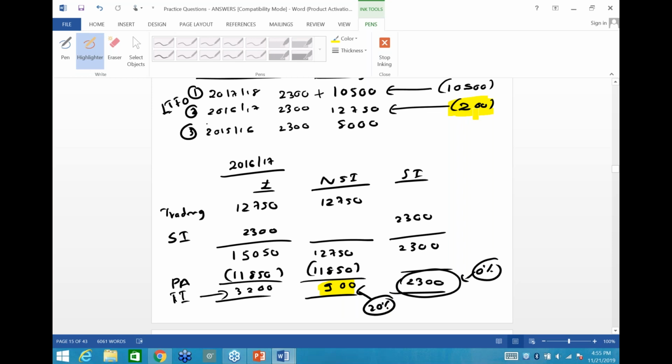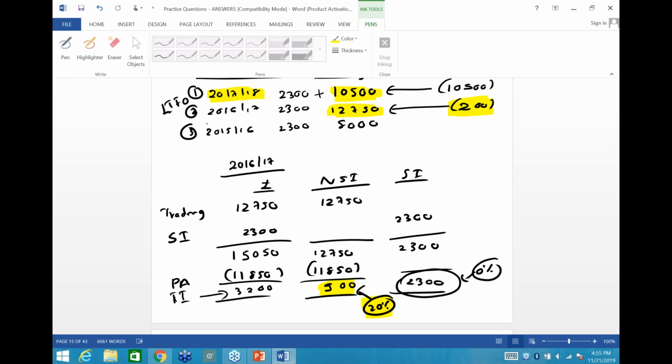But if you claim the terminal loss relief, then this 900 will be reduced by 200, and therefore you can have a tax saving at 20%. So 17-18 does not give you any tax saving because it's fully covered by the personal allowance. But for 16-17, we can get a tax saving at 20% only on this £200 because it's not fully covered by the personal allowance. So we should have the ability to analyze like this.